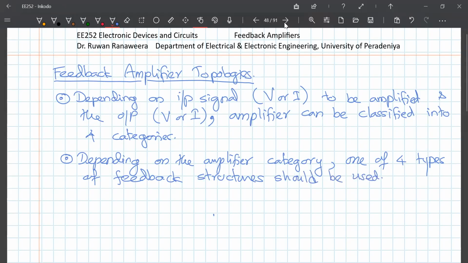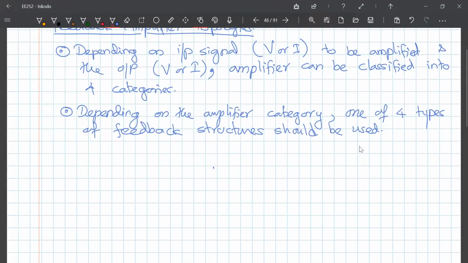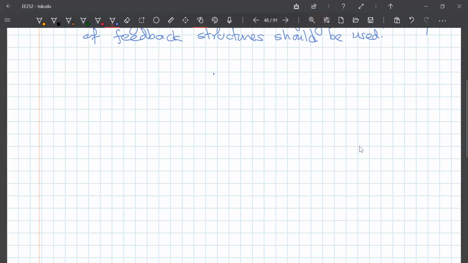So what are these 4 types of categories? Now this is based on: if you want to feedback a voltage, feedback has to be series. If you have to feedback a current, the mixing has to be in shunt. Similarly, if the output type is a voltage, you have to sense it using a shunt connection. If it's a current output, you have to sense it using a series type of connection. So these are the 4 categories, right?